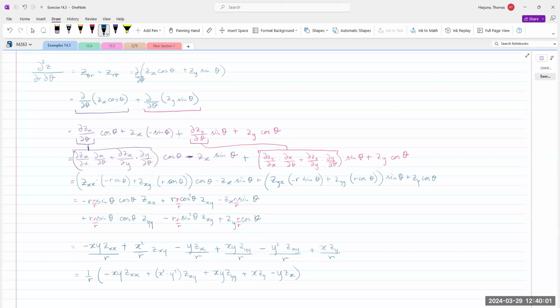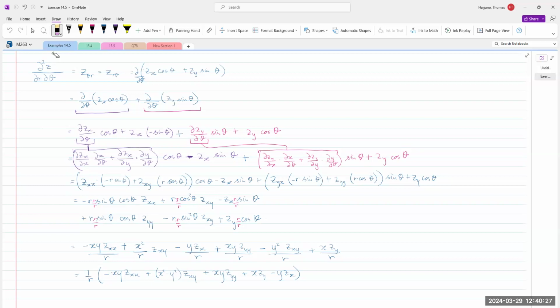Whew. Will that simplify to that, or should we just stop here and simplify it? It depends on how far you want to go. Notice that I still have my r, but I don't have the theta anymore, right?